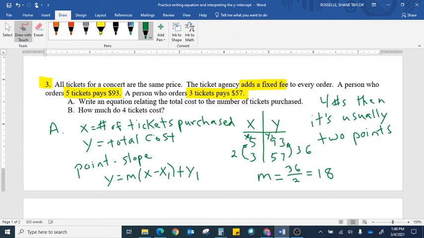Then I can just substitute it in. I erase m and put 18. I erase x1 and put 5. I erase y1 and put 93. So there would be my equation.